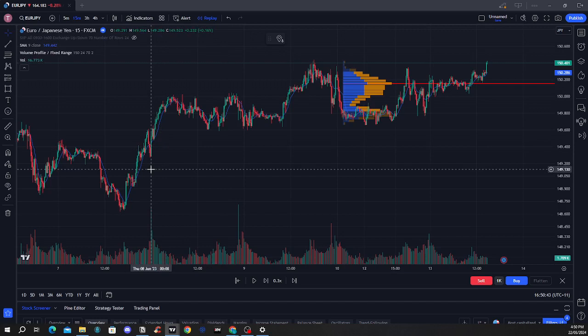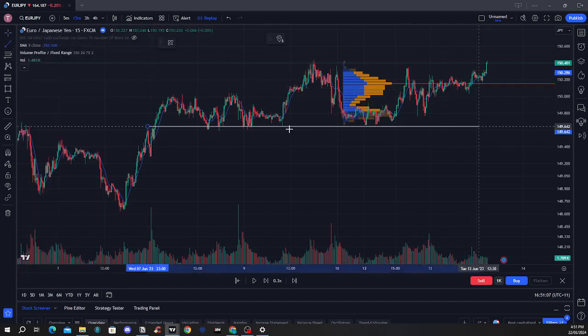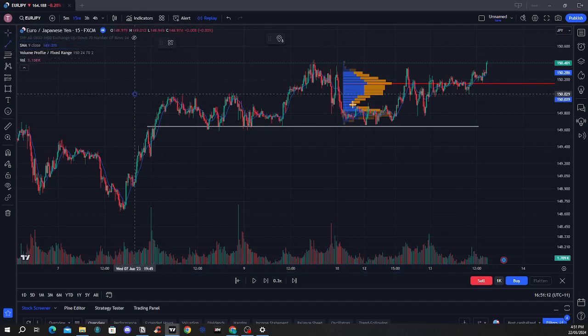So what do we have here? Okay, so we have some kind of climactic action here, which I'm not going to put as a buying climax or a selling climax. I'm going to call that simply a volume climax. And what I will do with this volume climax is revert to an old methodology that I used to use for analyzing charts.